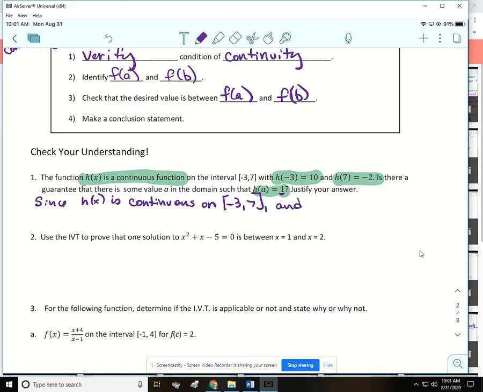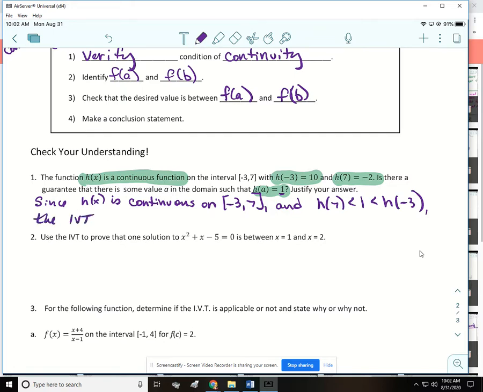Now the smaller of the three values is h of 7. So h of 7 is less than 1 is less than h of -3. All right, I'm just following the conclusion statement that's on your sheet.